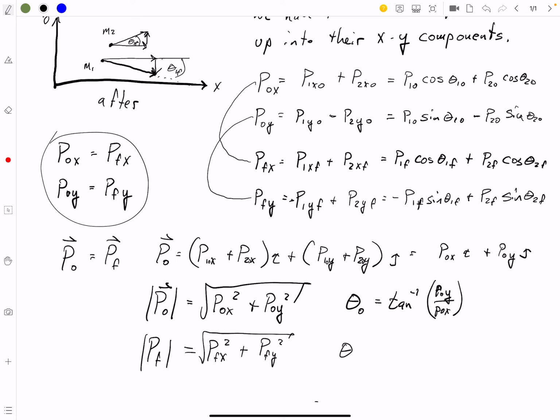And so our theta final is equal to the arctangent of P final in y divided by P final in x. So many little things.